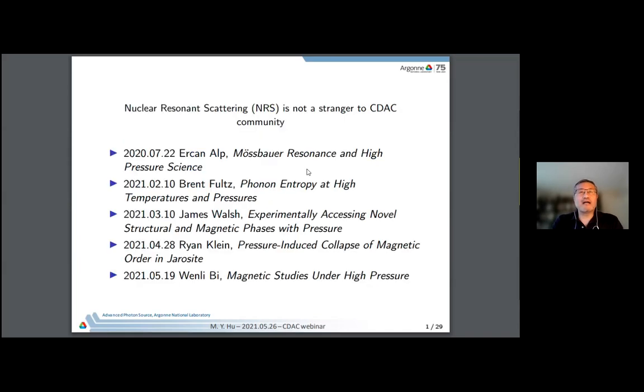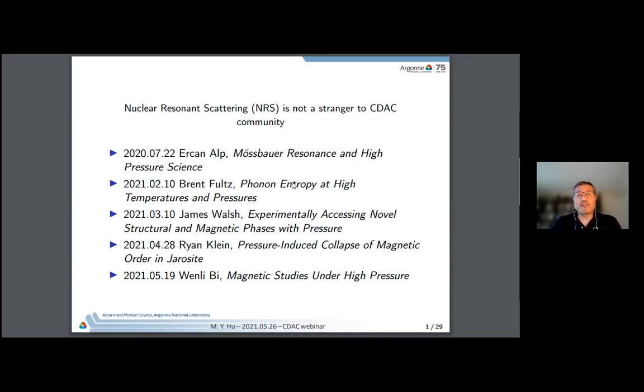Nuclear resonance scattering is no stranger to the CDAC community. As we have seen here, in the past year already, we have had 4 or 5 talks related to the nuclear resonance topic. You have subject experts like James, Ryan, Willie, and Brent talk about various things. A lot on magnetism, as you have seen, and then Brent talked about phonons, which is another big part.